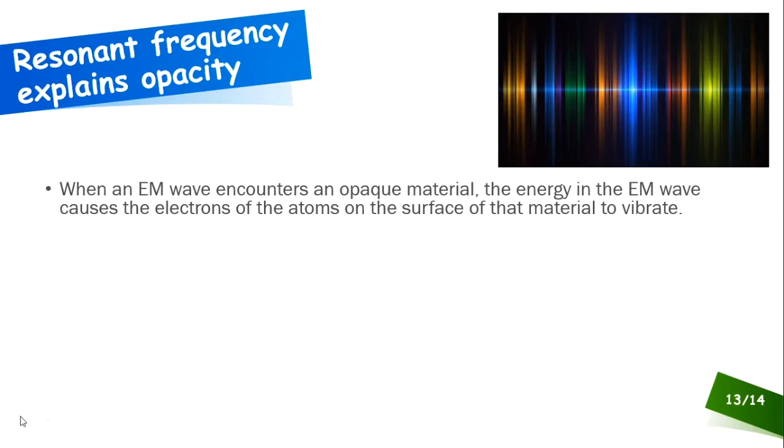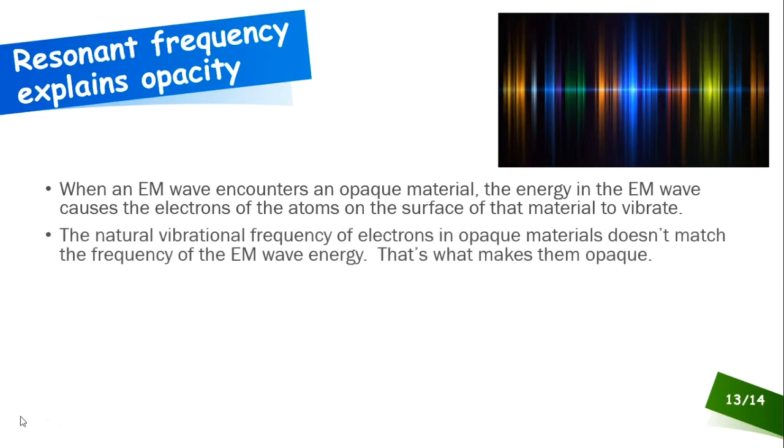The atoms on the surface where the light waves are hitting are still going to be transferring some energy, so they are still going to vibrate. But because the frequencies don't match, the energy is not accepted into the material. It doesn't pass through, and so we don't see light waves passing through that material, and that's what makes it opaque.